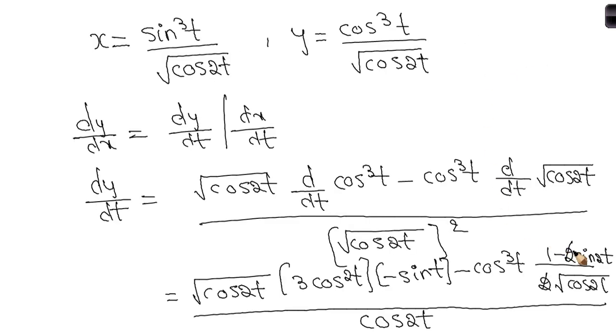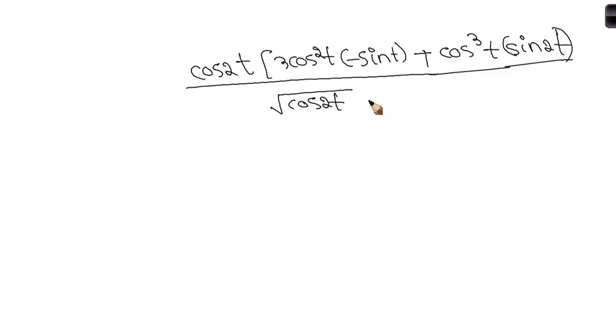Why? Because minus into minus will be plus. That is the reason it is plus cos cube t into sin 2t into cos 2t. This is dy by dt.